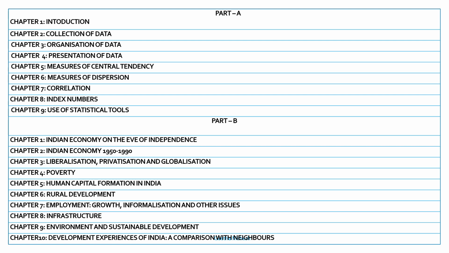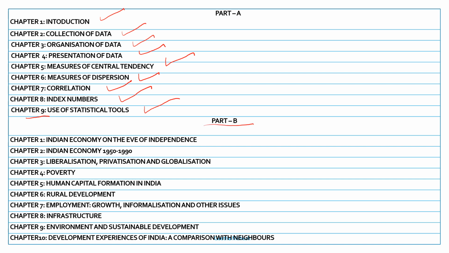In Part A, there are 9 chapters: Introduction, Collection of Data, Organization of Data, Presentation of Data, Measures of Central Tendency, Measures of Dispersion, Correlation, Index Numbers, and Uses of Statistical Tools.